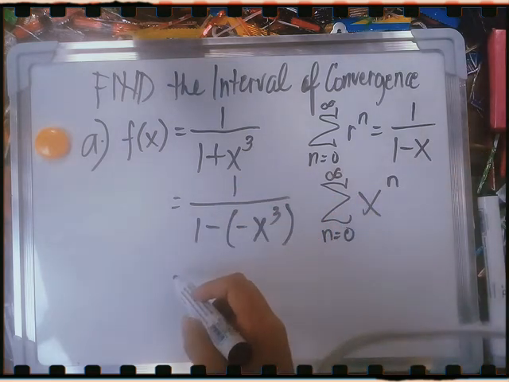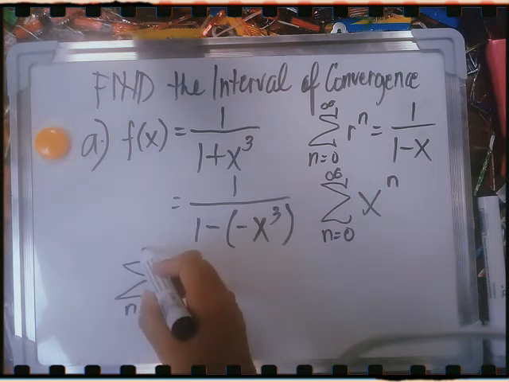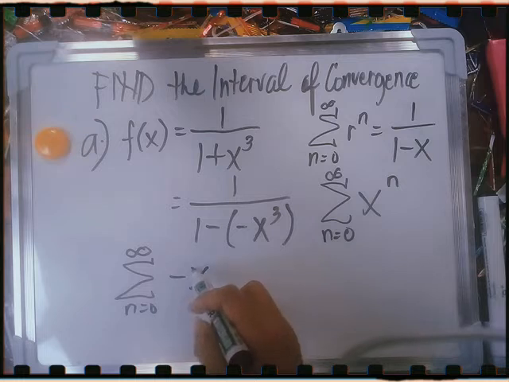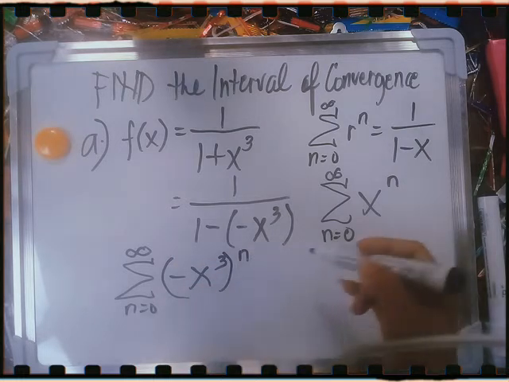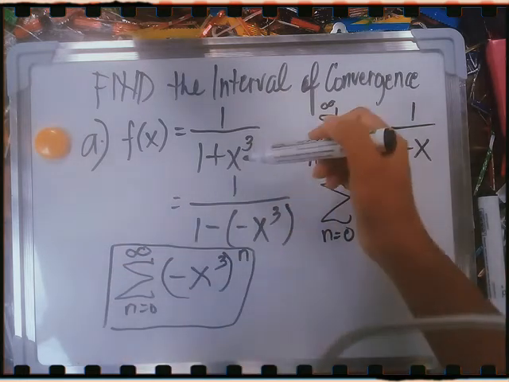So, dito sa ating givens, the series n is equal to 0 to infinity. So, our x here is negative x cubed raised to n. This is the power series of this function.